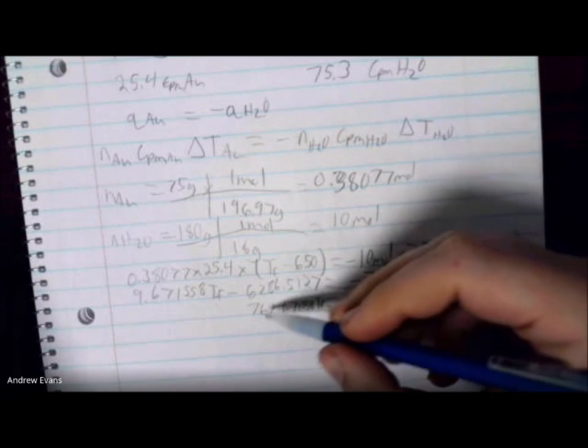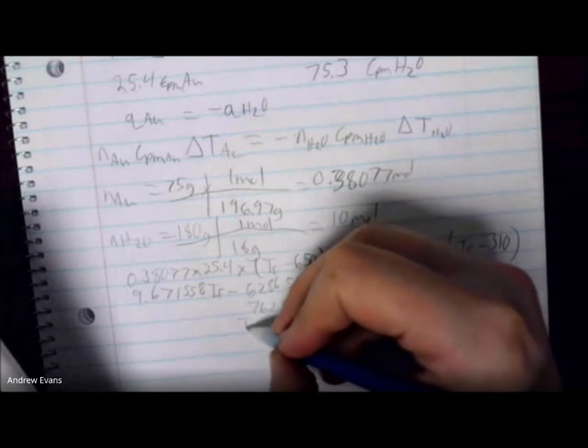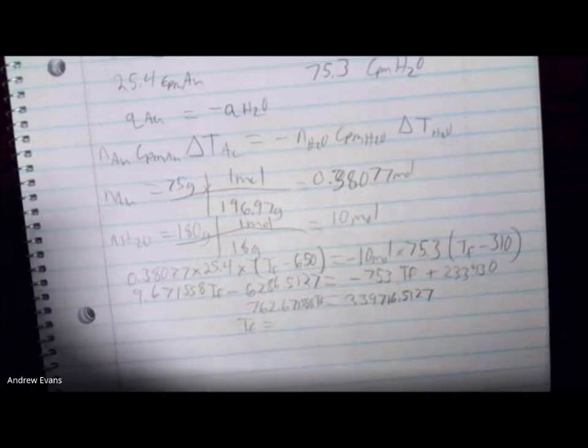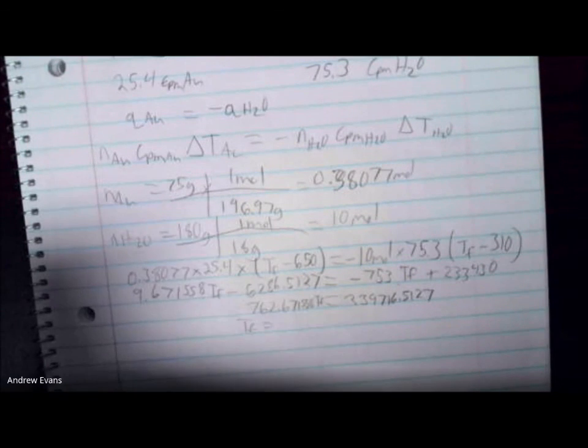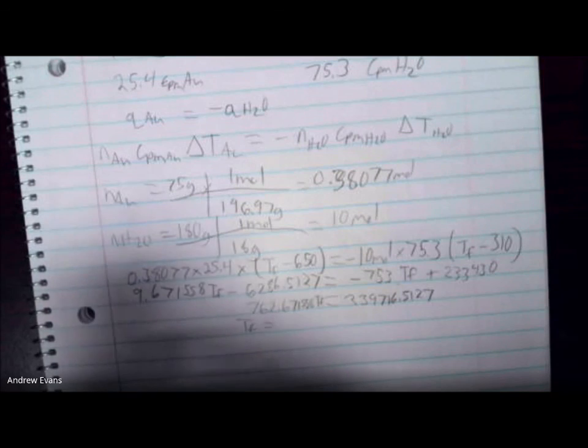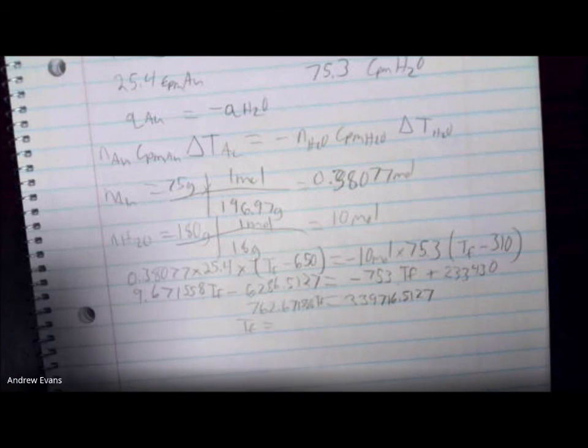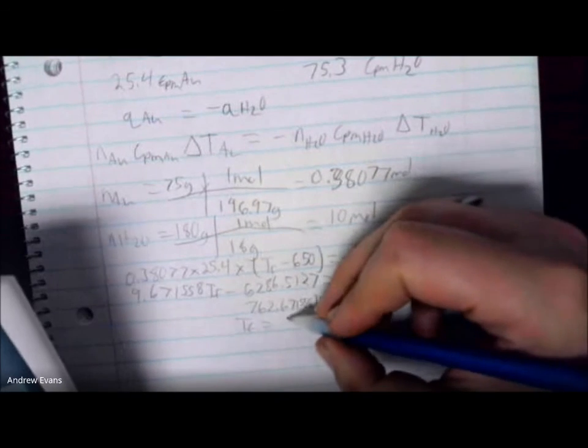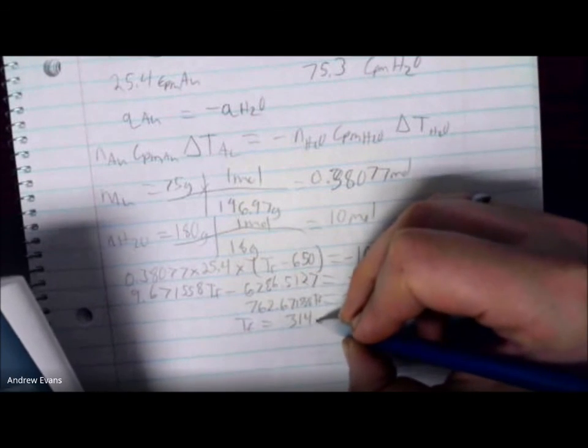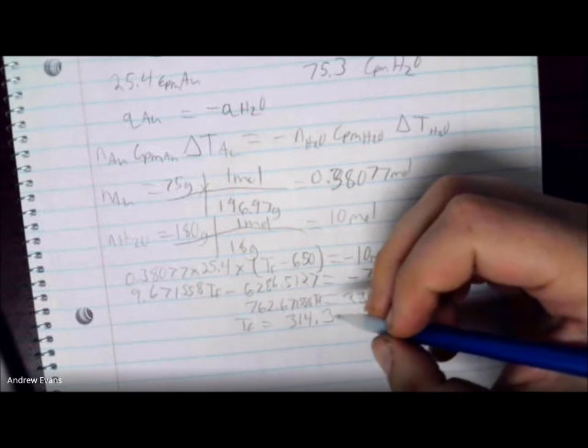Now the next step is then just isolating the TF. TF is equal to, so we take our value divided by 762.671558. You get our final temperature is 314.3 Kelvin.